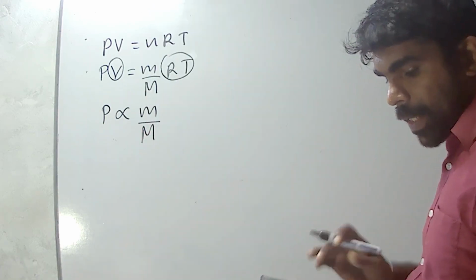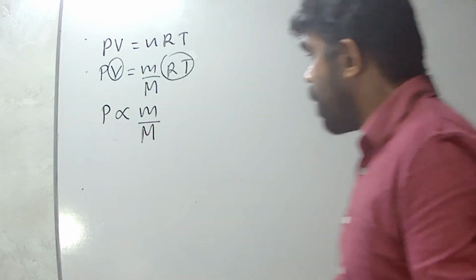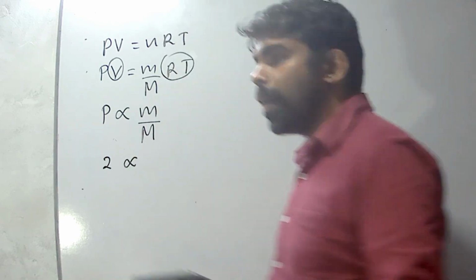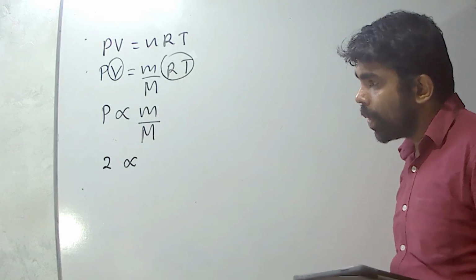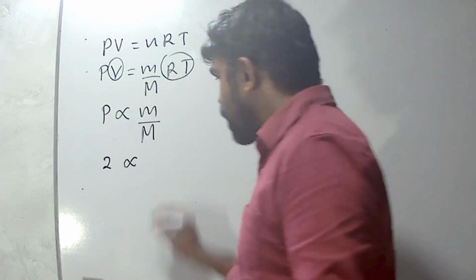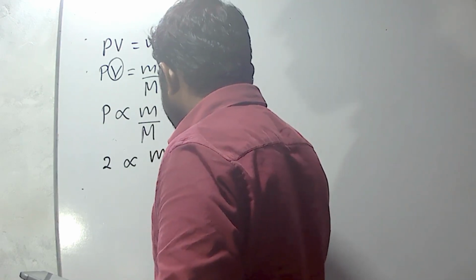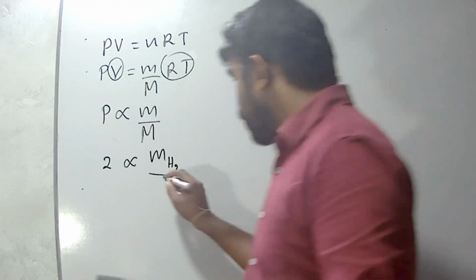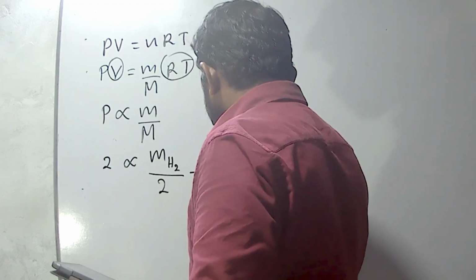For the initial situation, pressure is 2 atmospheres. I will not convert the unit. 2 is directly proportional to initial mass, hydrogen mass, divided by molar mass of hydrogen 2. First equation.